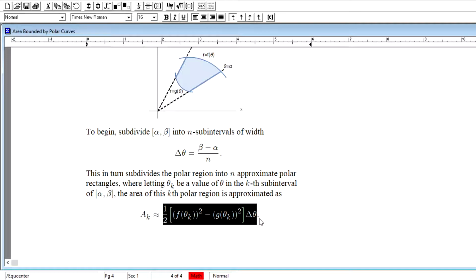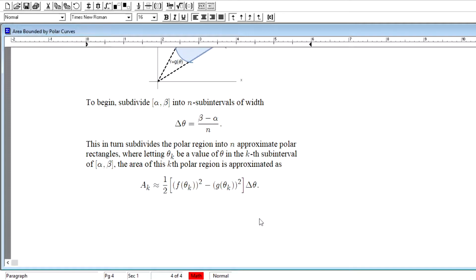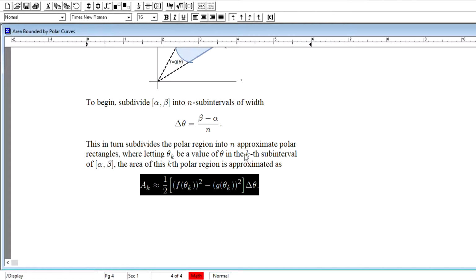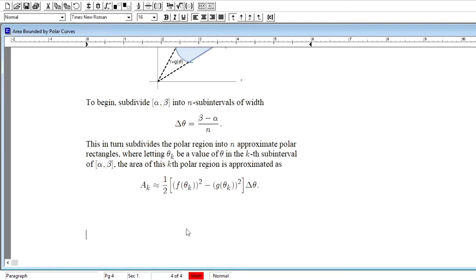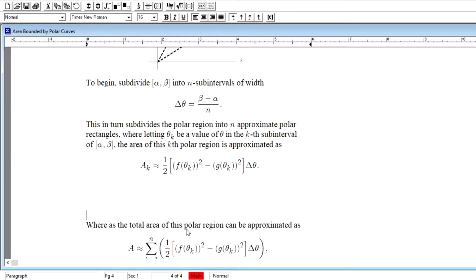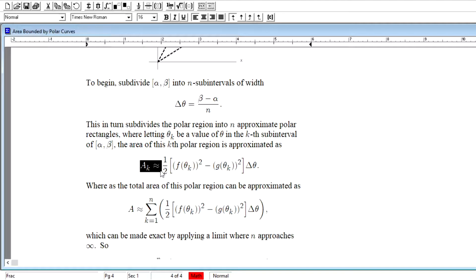Now, if I think about the area calculation or approximation for just the kth subinterval, if this is the calculation for just one of those kth subregions of this polar region above, we can approximate the total area by summing up all the areas in the kth subregions, starting at k equal to 1 and continuing up through the nth one.